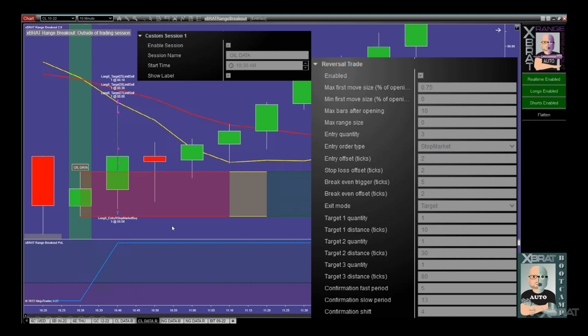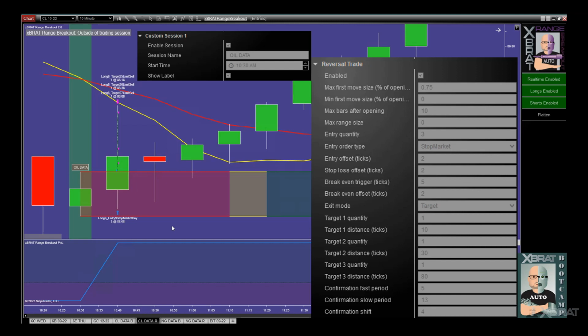So I've got both running at the same time on different chart sets, one for the breakout and one for the reversal. We're basically straddling that opening range, and it'll take one or the other, or sometimes it'll take both. It'll take it in the direction of the breakout, might take your profit, come back, reverse, and take the reversal in as well. So we've set up for that particular point in time.